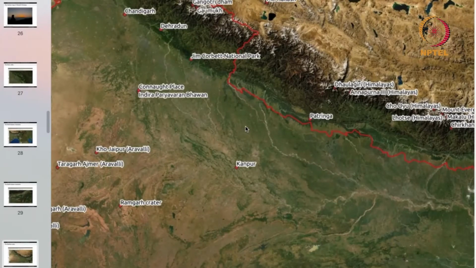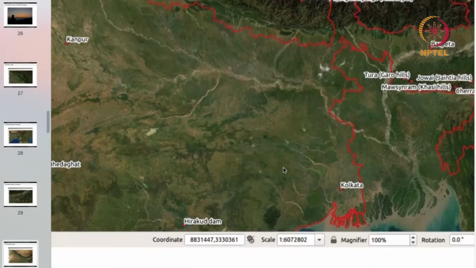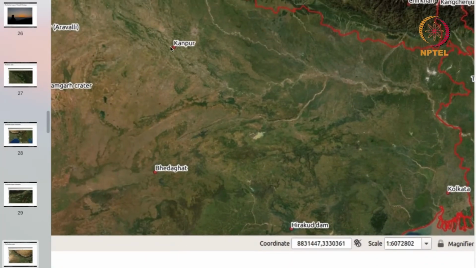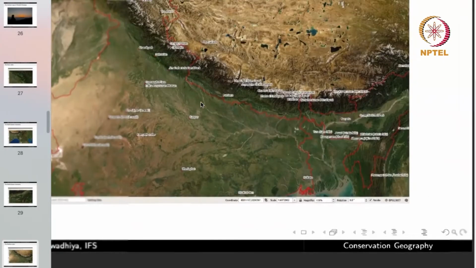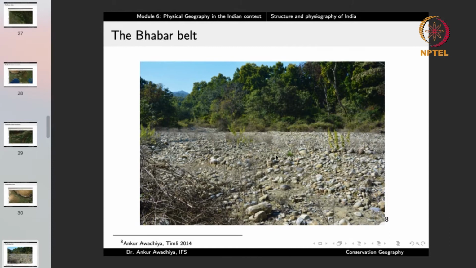Now in this area we have towns such as Kanpur, and towns such as Kolkata. So all of these areas are the flat areas. So these are the northern plains. Now when the rivers move into the northern plains, we have a Bhabar belt.